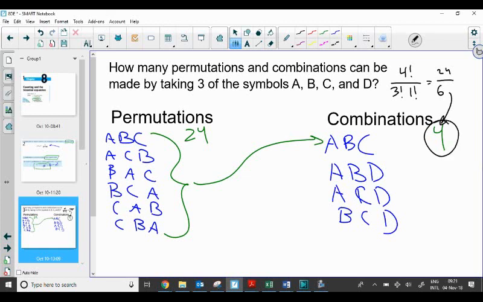If I were to take this expression and then multiply by my r factorial, which in this case is 3 factorial, that cancels. That expression would only be 4 factorial, which is exactly equal to 24, which is how many permutations I had.